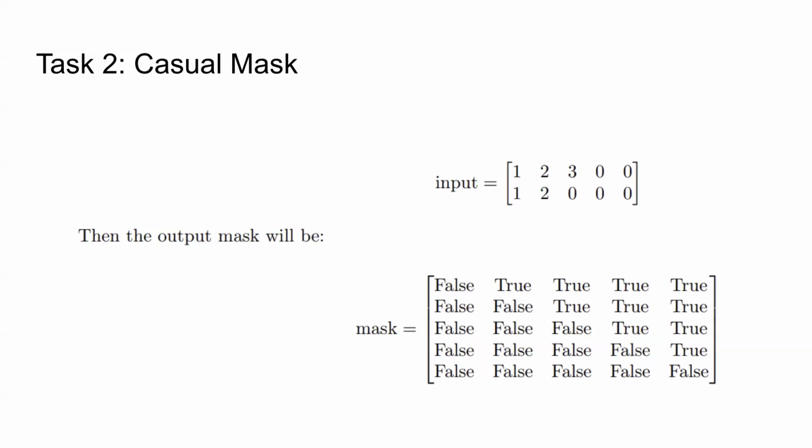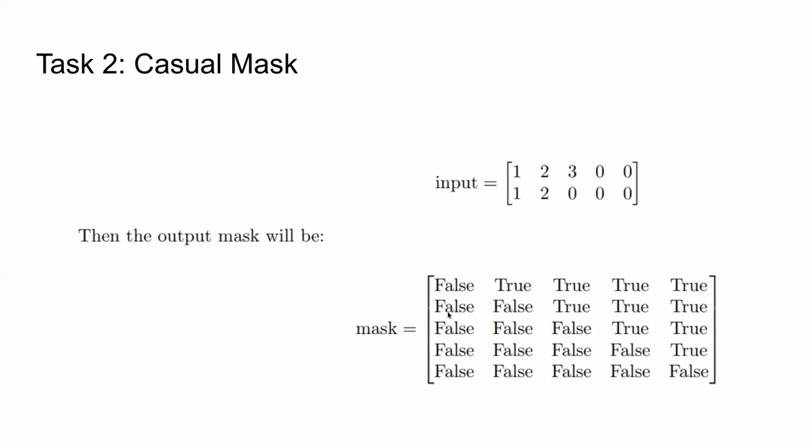For example, let's take the inputs given on the slide. For the first time step, you just have access to the first word. In the mask, you can see that only the 0, 0 index is false and the others are true in row 0, which means that the query at the first token can attend only to itself.